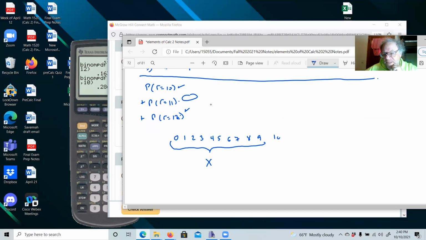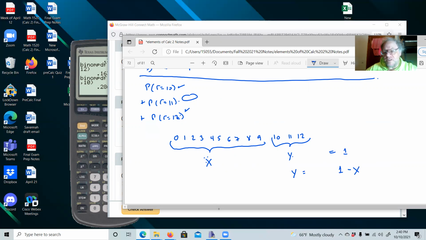Well, what's left is the 10, 11, 12. And I don't know what this is going to be yet. This is going to be our answer, but this is what we're interested in, right? 10, 11, and 12. What do X and Y have to add up to? They have to add up to 1. So Y is going to equal 1 minus this stuff.